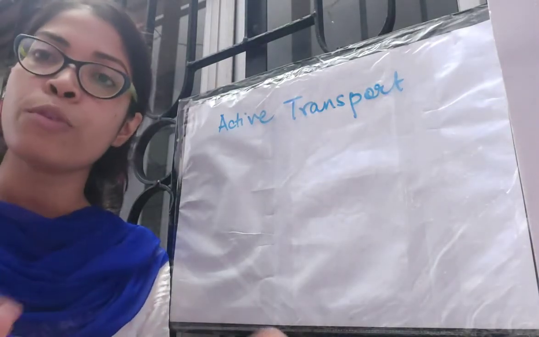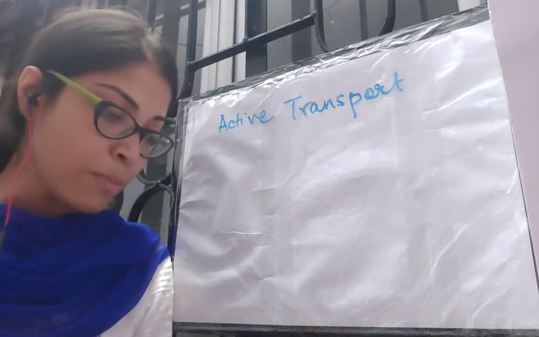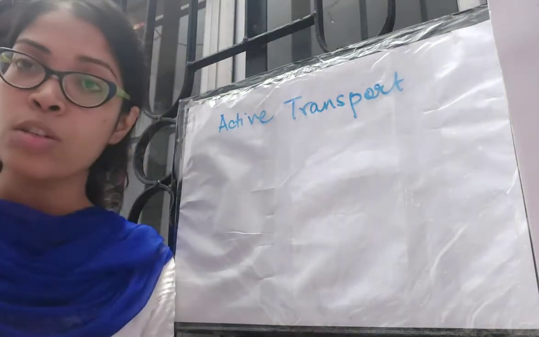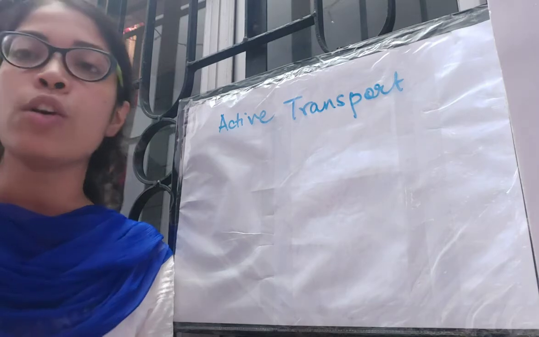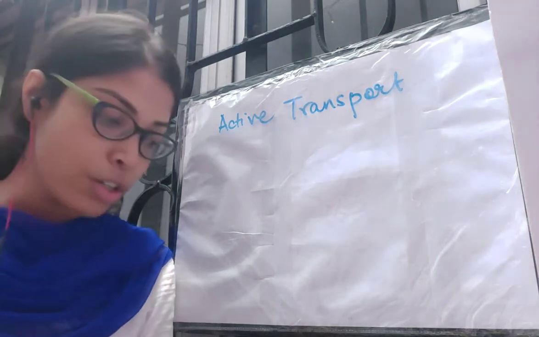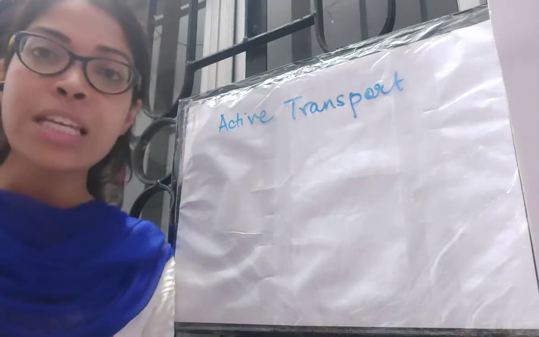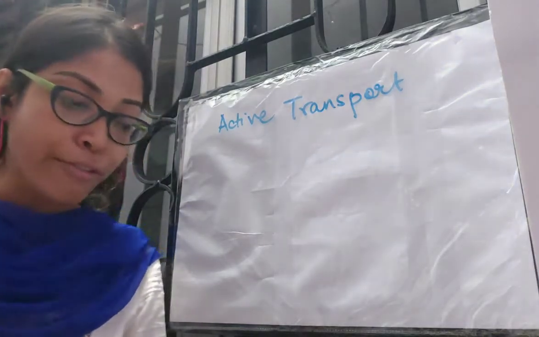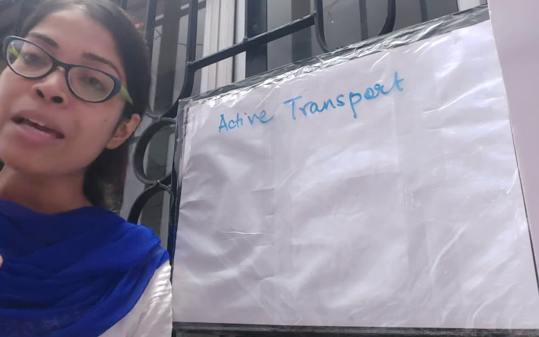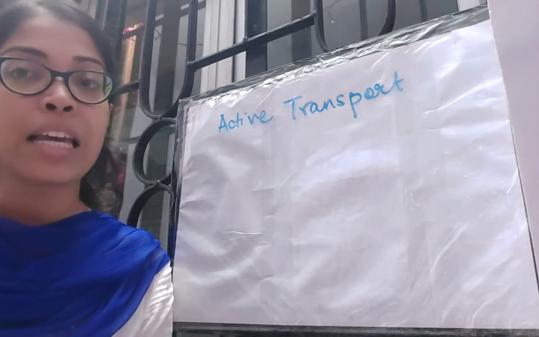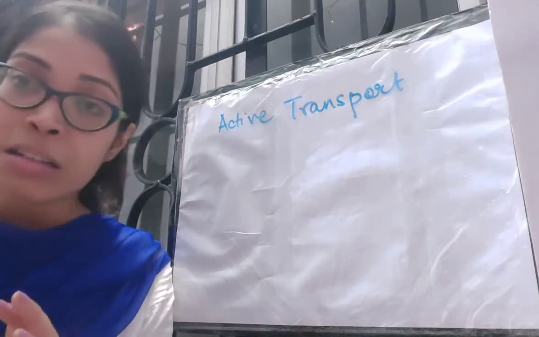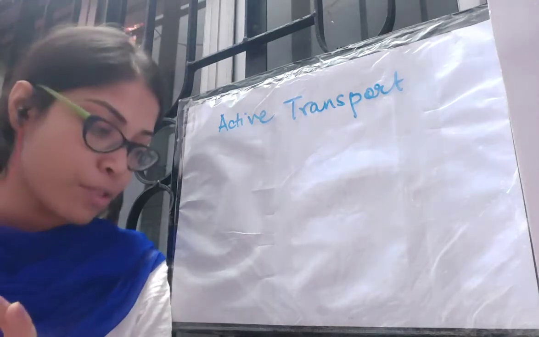Minerals will obviously move from the soil to the roots of the plant body, but it is against the concentration gradient, from an area of lower concentration to an area of higher concentration. So that needs external energy. Okay, so these are the two reasons or factors why in some cases active transport is needed instead of passive transport.